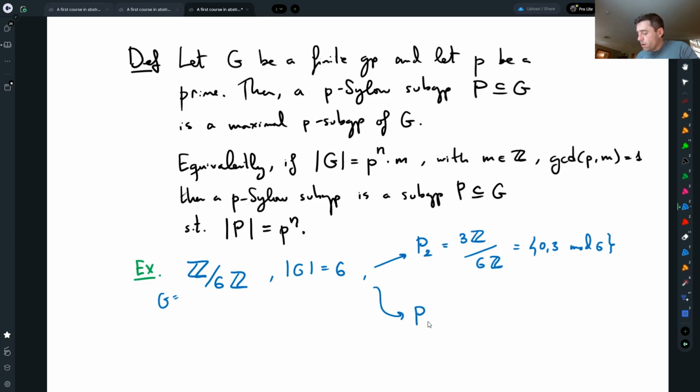For a 3-Sylow subgroup, we're looking for a subgroup of order 3, and 0, 2, and 4 forms a subgroup of order 3, generated by 2. Those are Sylow subgroups.